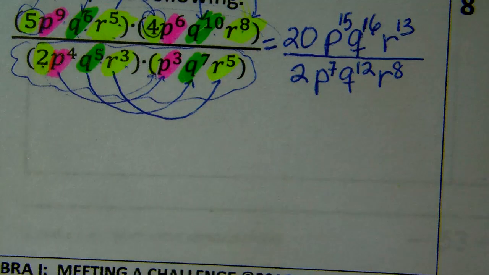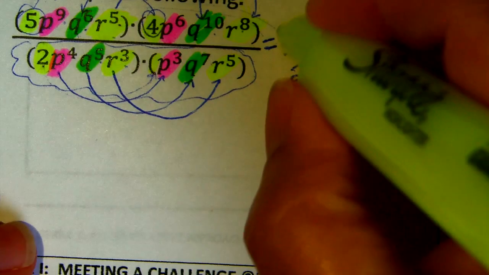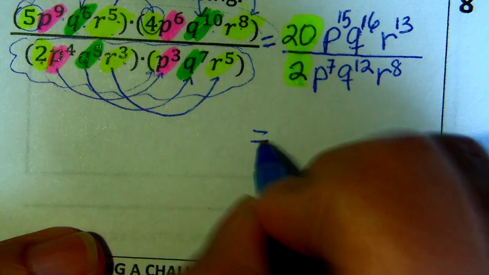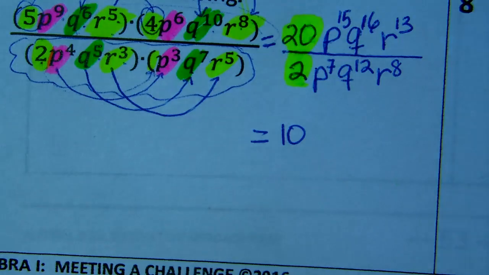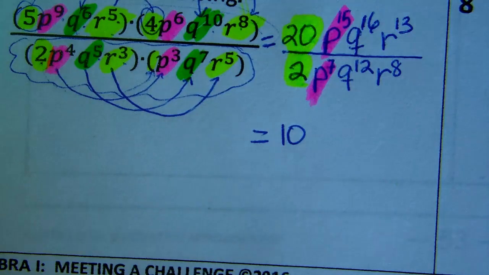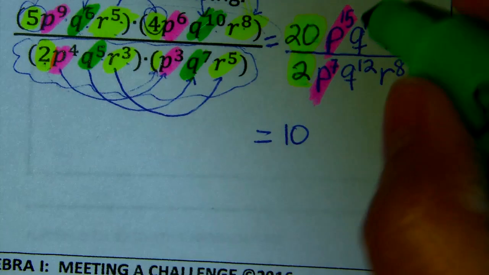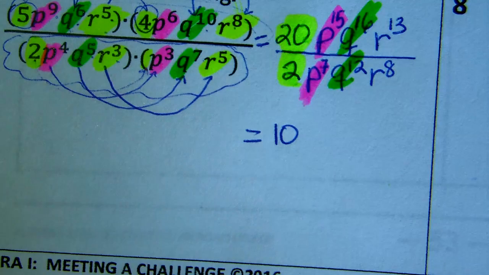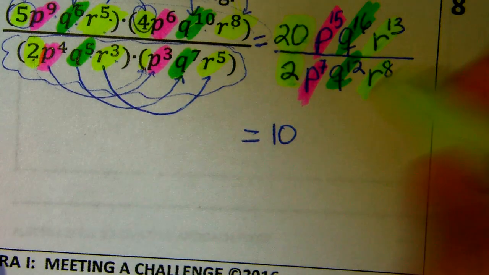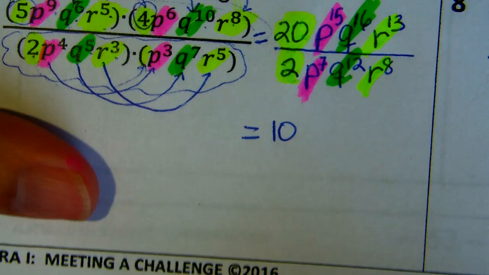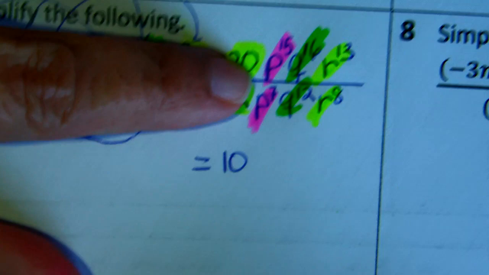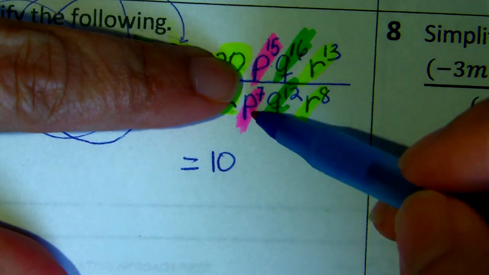All right. So again, 20 divided by 2 gives you what? 10. And then P, Q, and R. Okay, so now that we're dividing the letters, what do we do with the exponents?